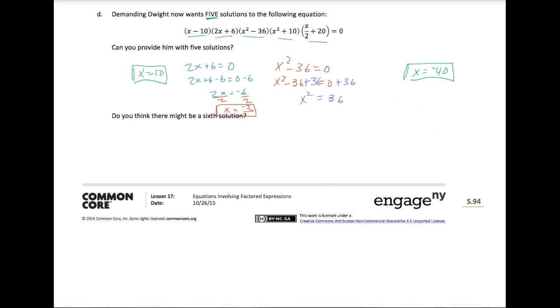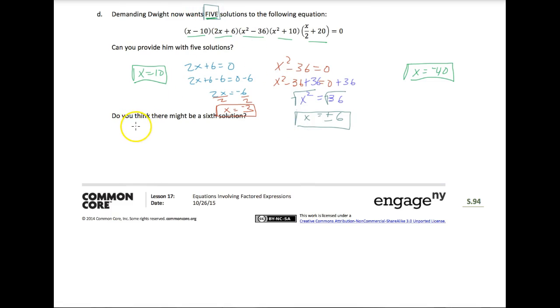If we square root both sides, we're going to get the square root of x squared, that gives us x, and then the square root of 36. Now, I want you to think about how many answers there are, and what they are. And yes, if you got plus or minus 6, you're right. Well, now we have 1, 2, 3, 4, 5 answers. We've fulfilled our requirement. We have 5 answers, and that's what Demanding Dwight wanted.